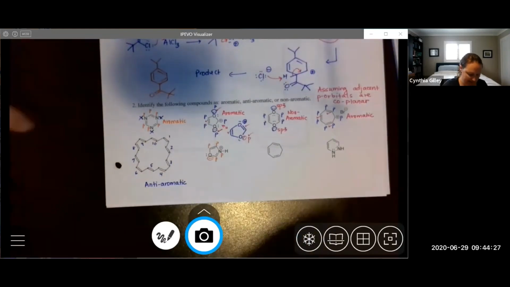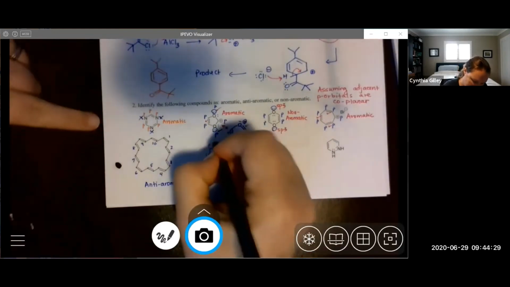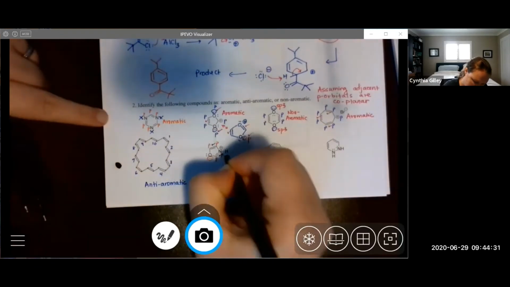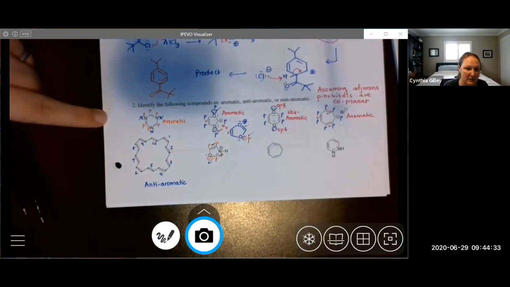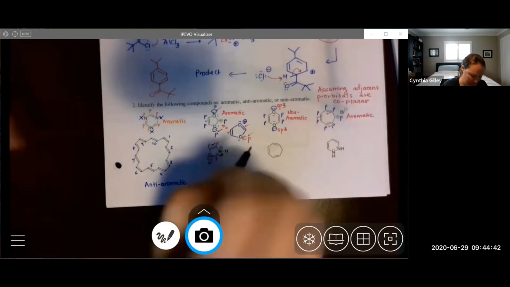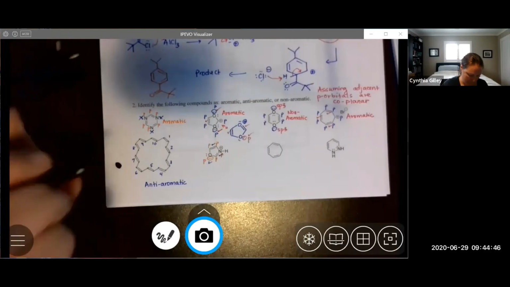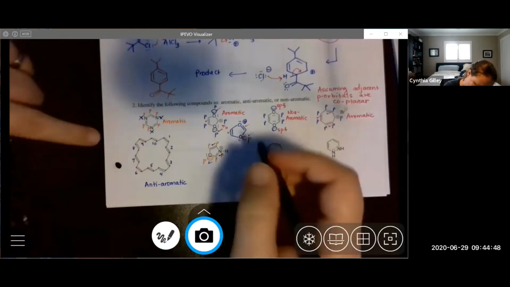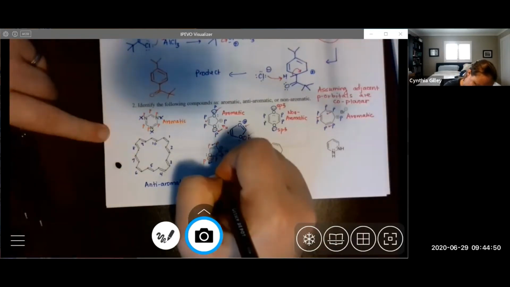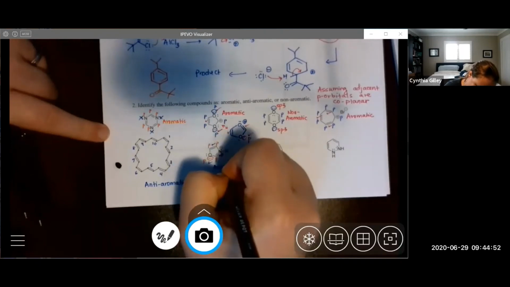If it does exist in a p orbital, that would make 1, 2, 3 electron pairs, which is an aromatic number of electrons. So that means it will go into a p orbital, and we will have aromatic.